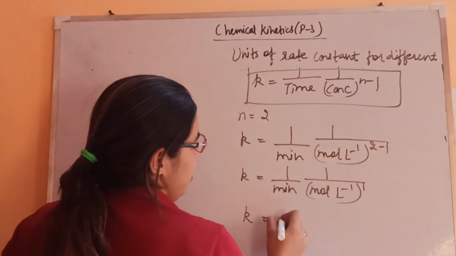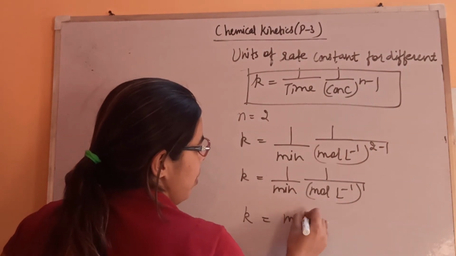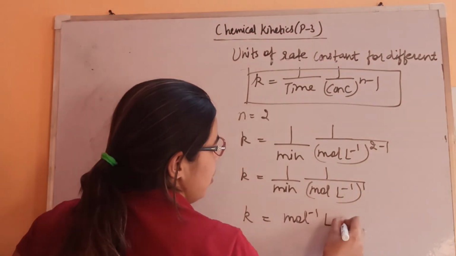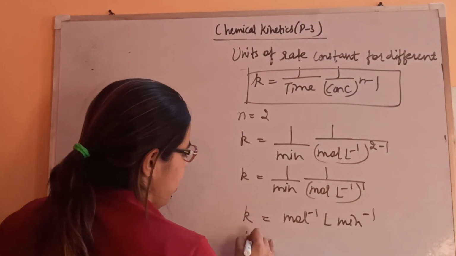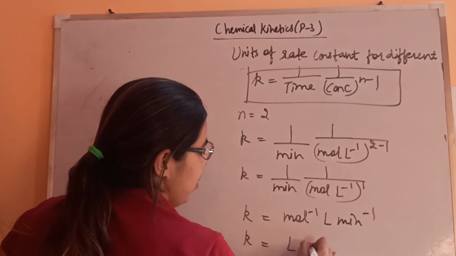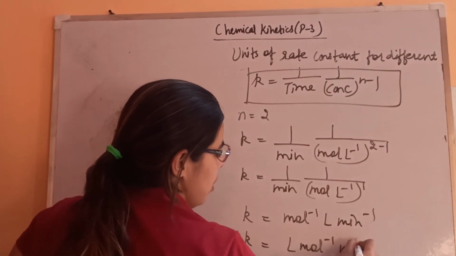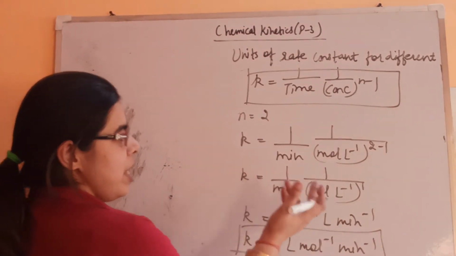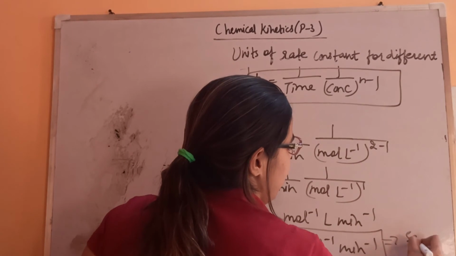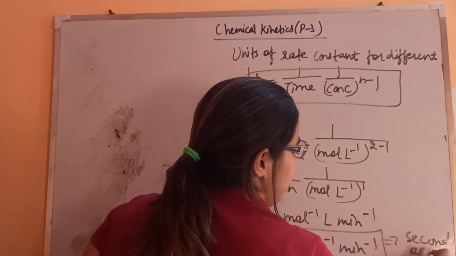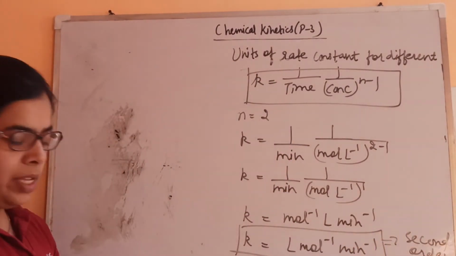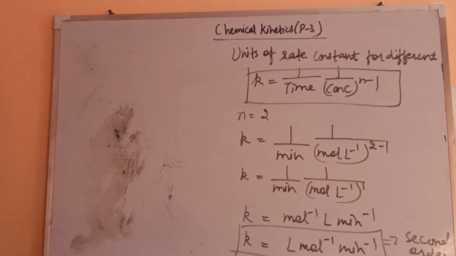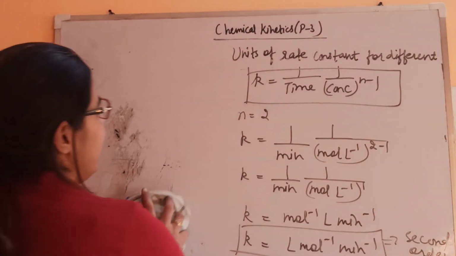When it comes to the numerator, it will come per mole liter inverse, or you can write in this way, liter per mole per minute. Per minute will be same in all the cases because time is in the denominator. So this is for second order. Only the concentration part will change. So these are the units for second order, that is liter per mole per minute.